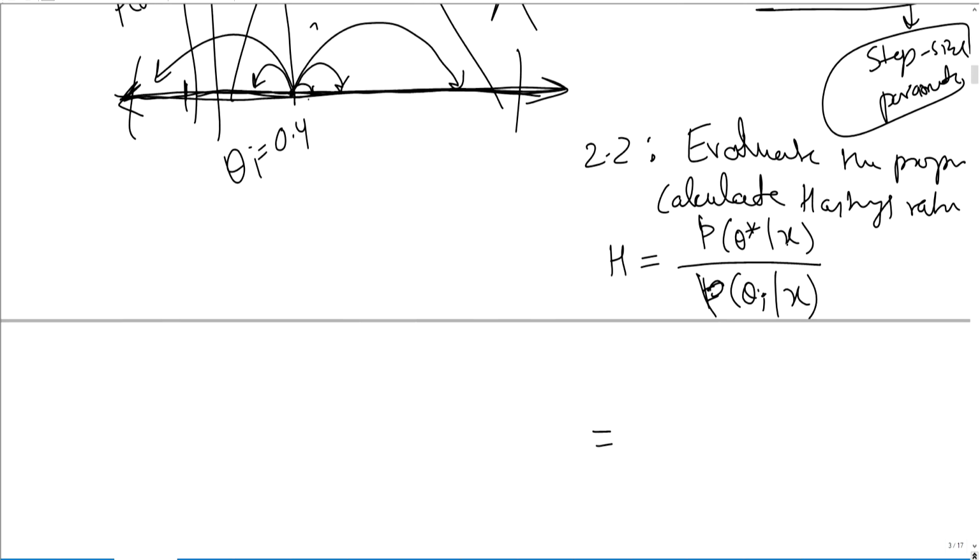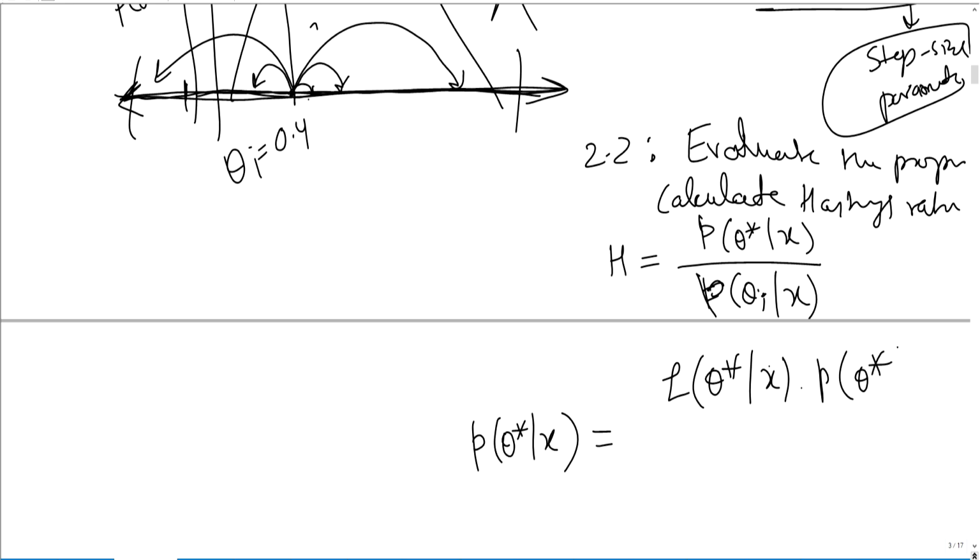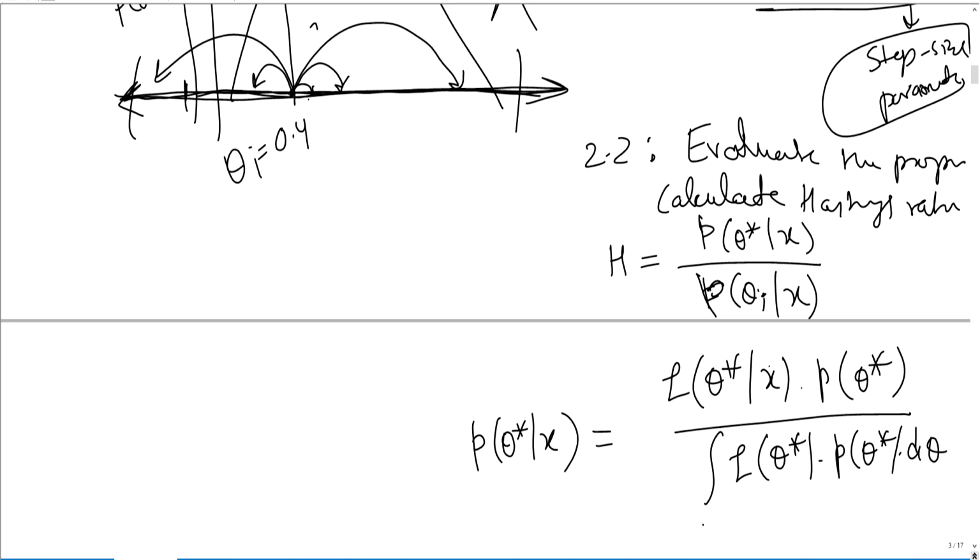What will be the posterior density of theta star? It would be the likelihood of theta star given the data, times the prior density of theta star, divided by the marginal likelihood, which is basically likelihood times prior integrated with respect to theta.